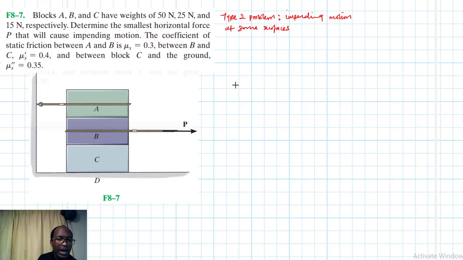Between A and B. Where else? And between B and C. Of course, we expect some impending motion there and there. And between C and the ground, no impending motion. So here we'll be required to check for slip after we calculate everything.